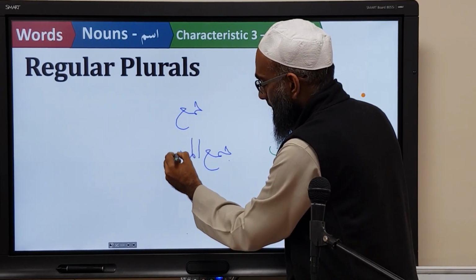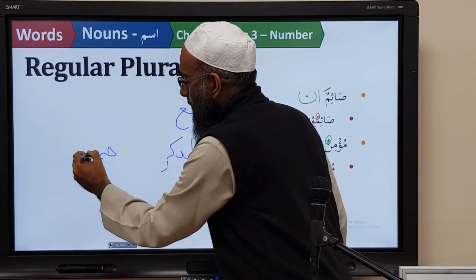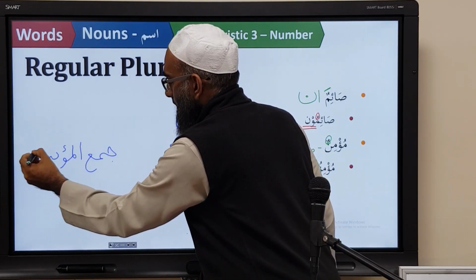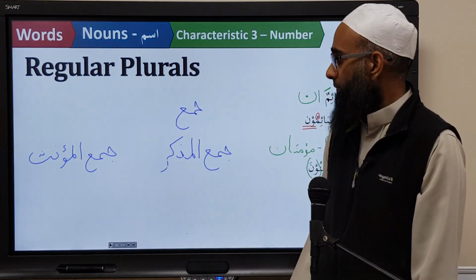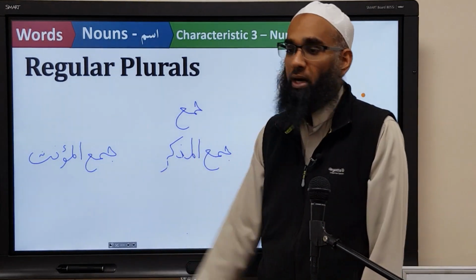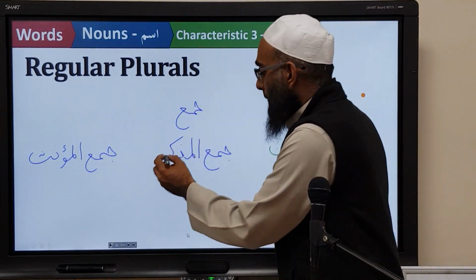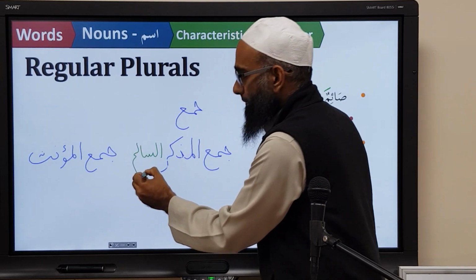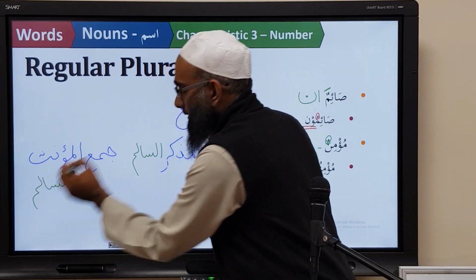Jama' of the feminine, you call it jam'ul mu'annath. But because they are sound, you have to add the word salim as well. So the sound masculine plural is called jam'ul mudhakkar as-salim. If it's feminine, jam'ul mu'annath as-salim. So quite a few words together.